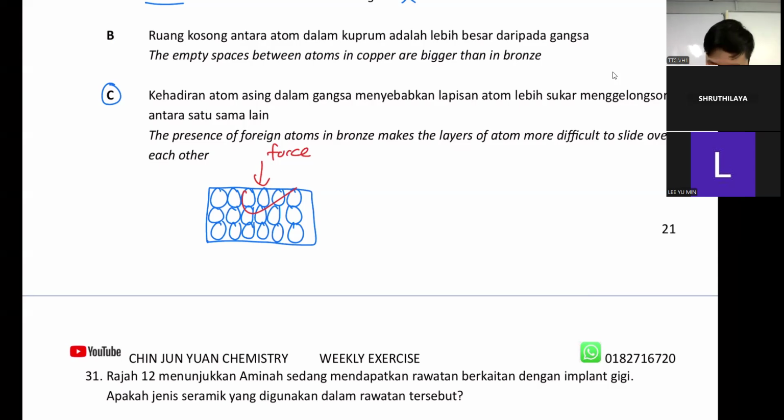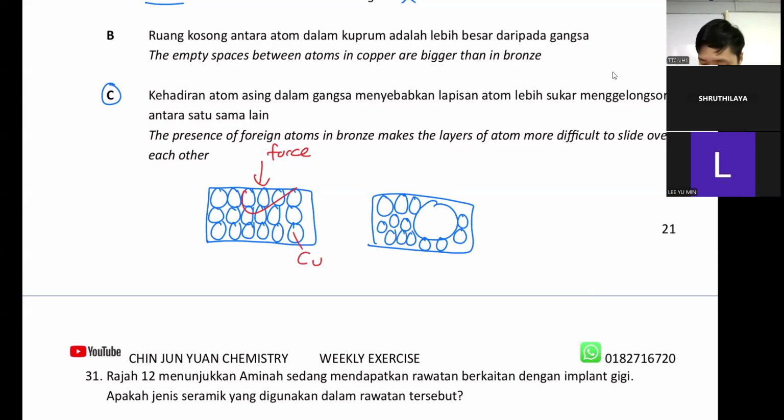But if bronze, you know, right, the structure, how to draw it. You added 10% of tin inside. Maybe you added 1 or 2 atoms of tin. Let's say just now all these are copper. Now copper added tin.